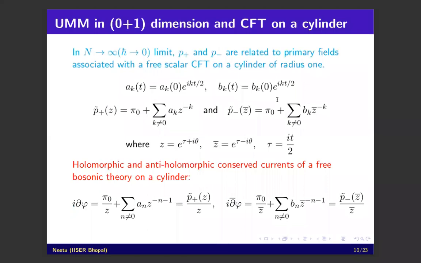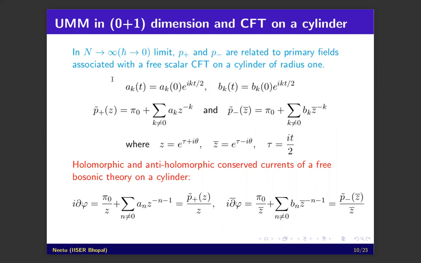Okay, so before we go to the construction of the Hilbert space, I would like to mention a connection between this unitary matrix model and CFT on a cylinder. Here the classical limit is defined by N going to infinity and h-bar going to 0, so that N h-bar is 1.